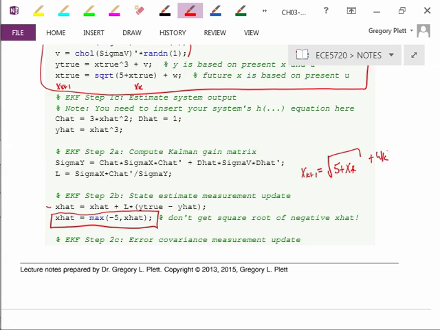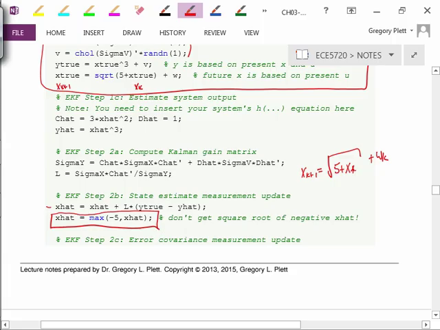If the state somehow became smaller than minus 5, that square root would give us a complex number, and my real valued system would all of a sudden become a complex system, and that's not what we had in mind. So, if my estimator is a little bit confused at the beginning, because maybe the estimation error bounds are large and they haven't converged yet, it's possible that I would get an estimate out of step 2b that is actually less than minus 5.